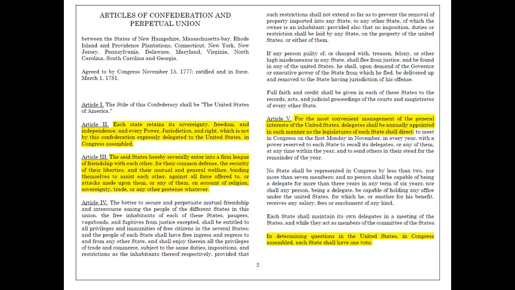And indeed, in the first substantive article, Article 1 gives the Confederacy a name, the United States of America. The next article, Article 2, begins with a declaration of state sovereignty. It reads, "Each state retains its sovereignty, freedom, and independence, and every power, jurisdiction, and right which is not by this Confederation expressly delegated to the United States and Congress assembled." Now that phrase, expressly delegated to the United States, is important.